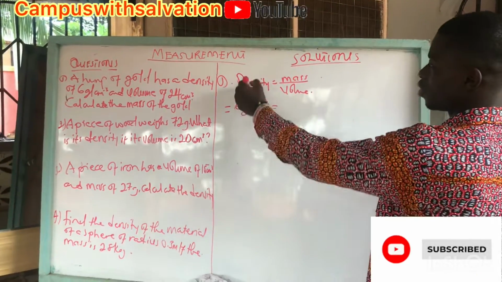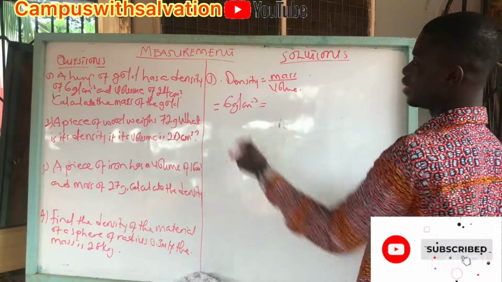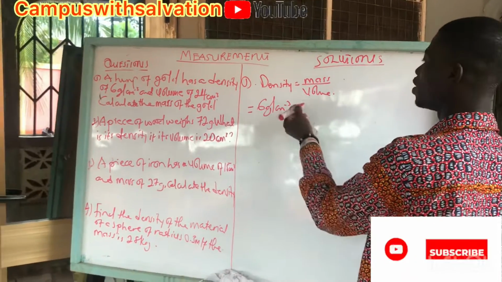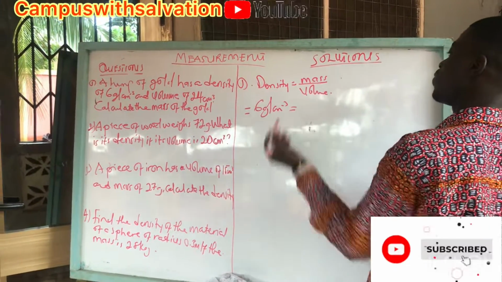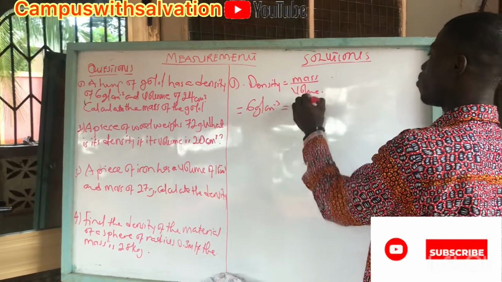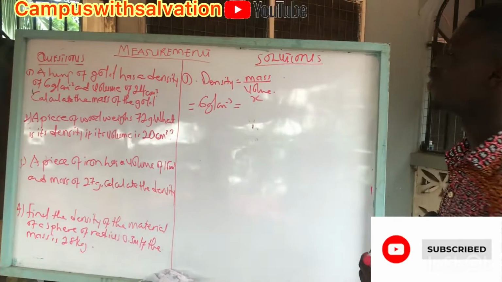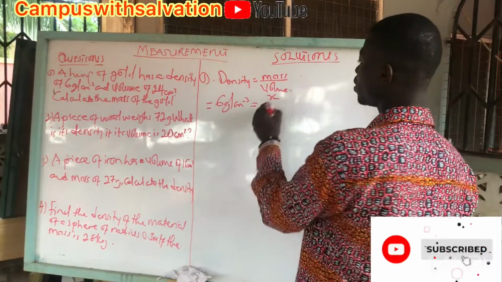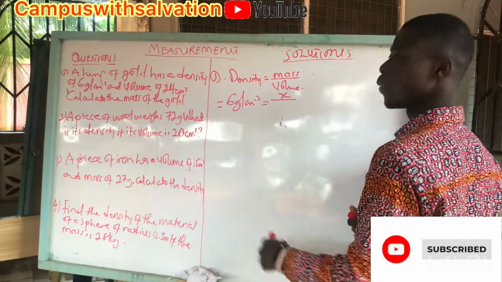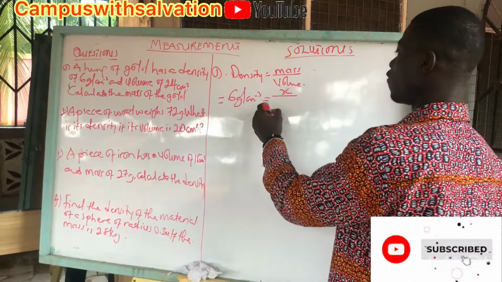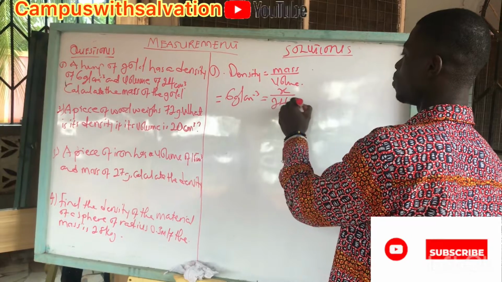The mass is not given because the question says calculate the mass of the gold, so let's represent it by any variable, which is x. You can use y or any other variable you want. Volume has been given, because we have 24 cm cube, which is volume.